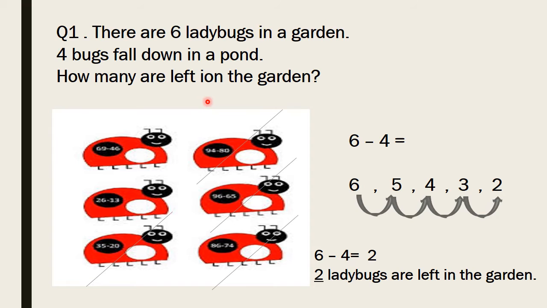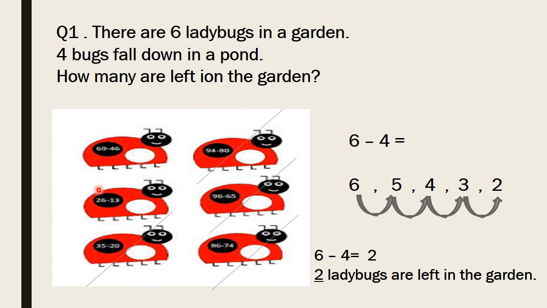Whenever the question says left, whenever this word left is written, what do we do? We minus, we subtract. So here we will subtract 6 and 4. 6 minus 4. Now what is 6 minus 4? We have 6 ladybugs here, and how many would I cut? I would cut 4 ladybugs. 1, 2, 3 and 4.